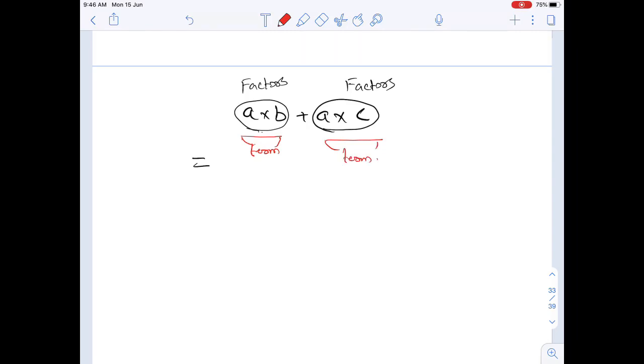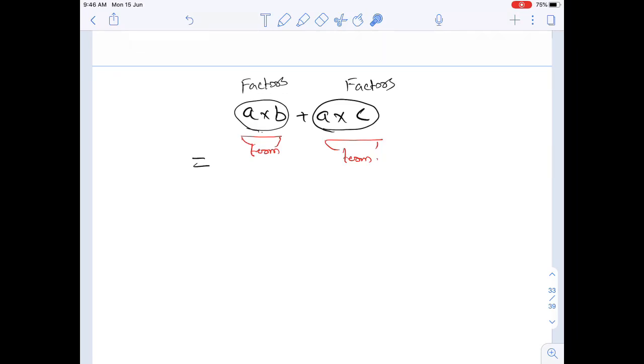So right now how many terms are present? This is our first term, a into b is our first term, a into c is the second term, and terms are separated by plus or minus sign, and factors have a multiplication sign. So I think this must be clear to you.